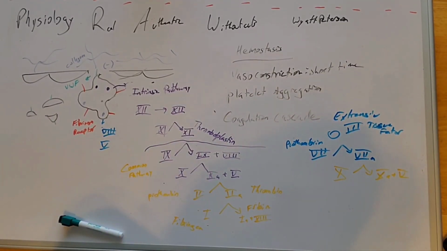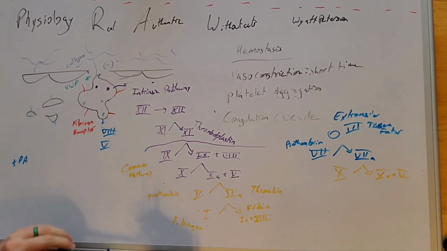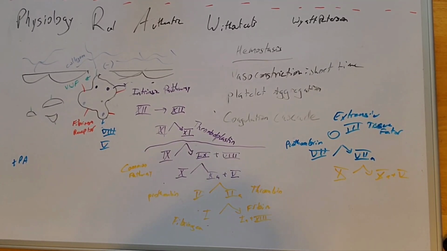So let me get to the second part. Discuss the role of TPA. I'll actually use this one. TPA is the first thing that will start degrading the fibrin layer.